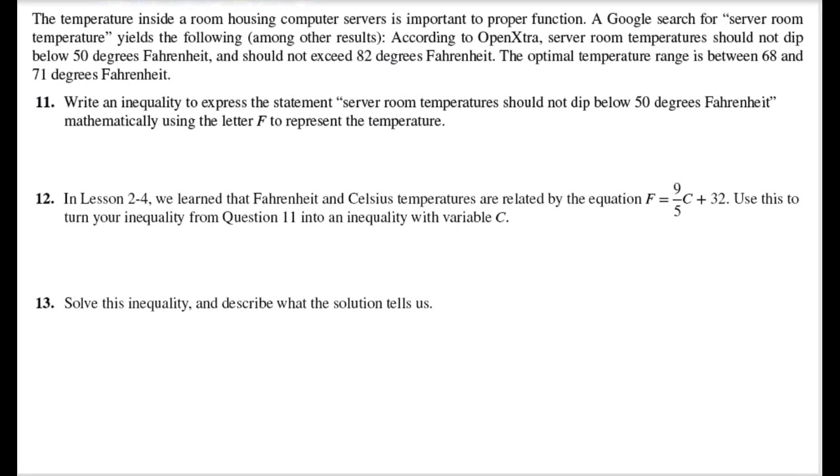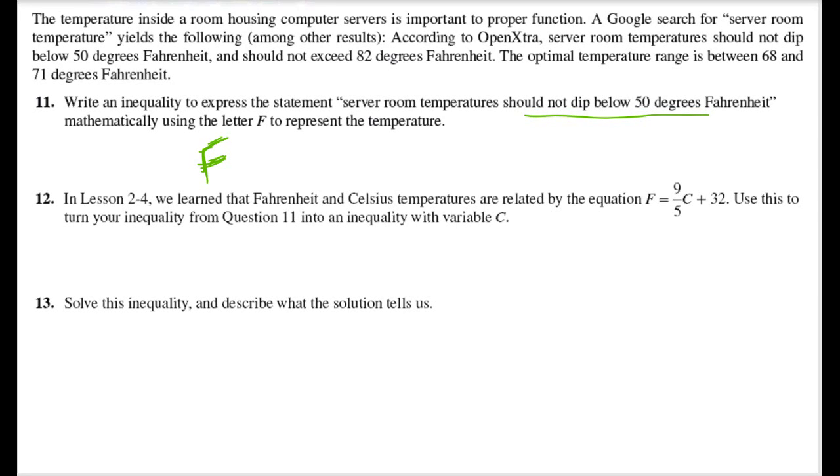So write an inequality to express the statement, server room temperatures should not dip below 50 degrees Fahrenheit, mathematically using the letter F to represent temperature. So we want temperature, or F, not dip below, so not be less than.